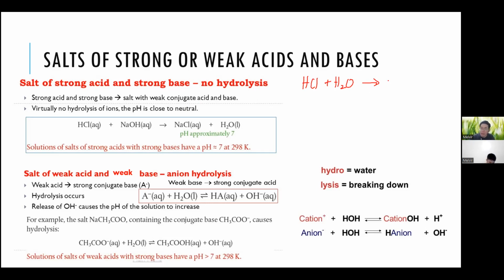One-headed arrow lang siya to form H3O plus Cl minus. So, this is my question. Cl minus is what again, Josh? By Bronsted-Lowry definition. Sino si Cl minus? Okay, good. Conjugate base ni HCl.